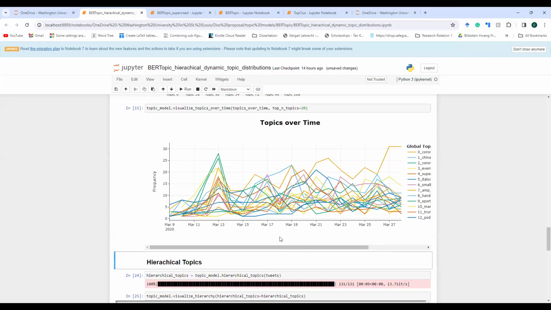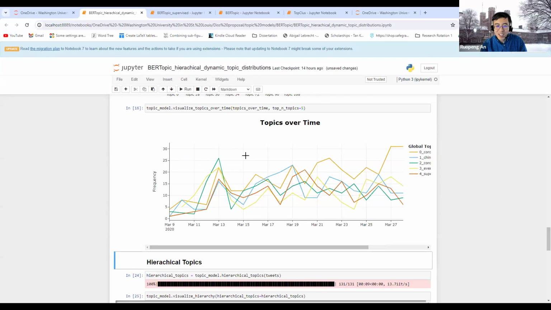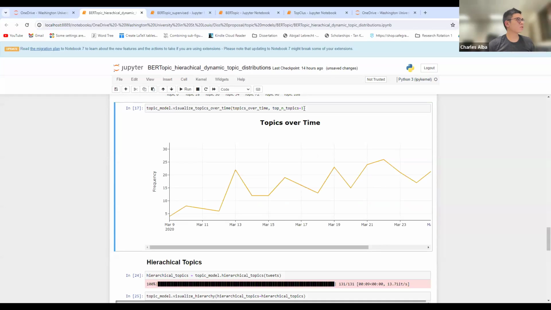If you change the top n topics to like 5, would it be clearer? Yeah, I would agree. No, I would change the topic to 1 so that we will see just the most prevalent topic at each time point. Oh no, I think if you change it to 1, it's just going to produce 1 topic only. Oh, really?